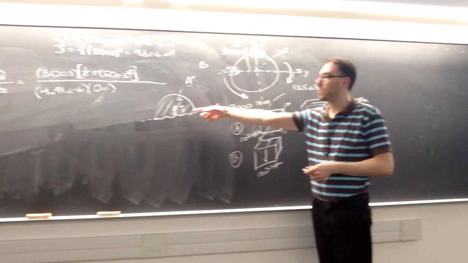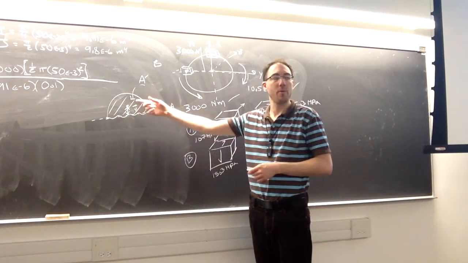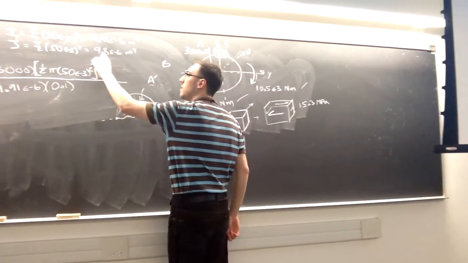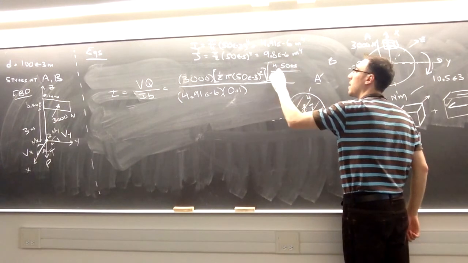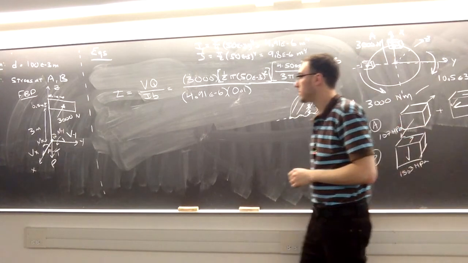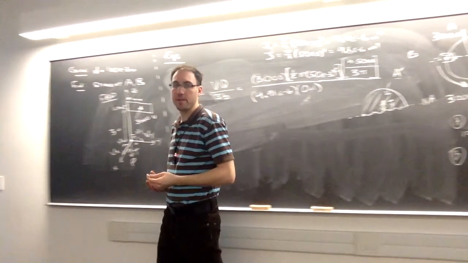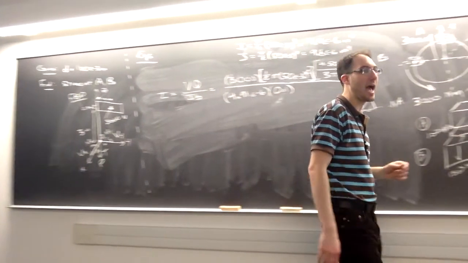And the distance between the centroid and the neutral axis for our mini shape, for the half circle, we use 4r over 3 pi. We don't need to make a whole table for this one because it's not a composite shape, it's just a half circle.